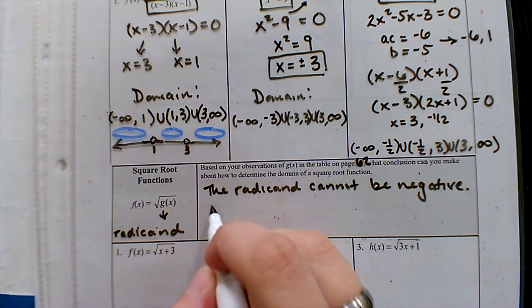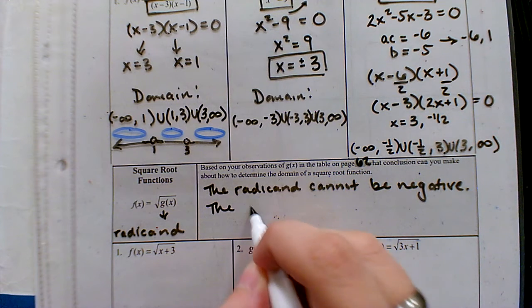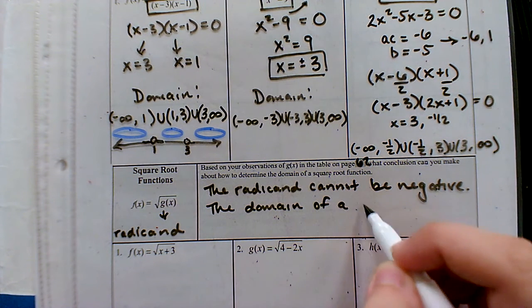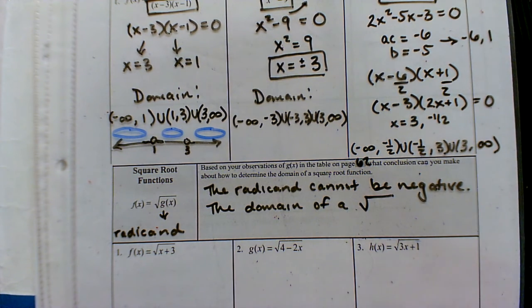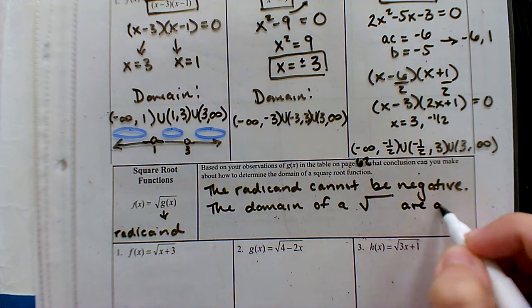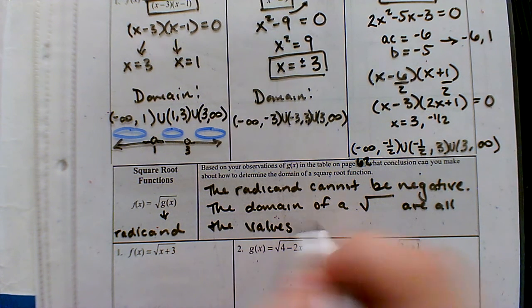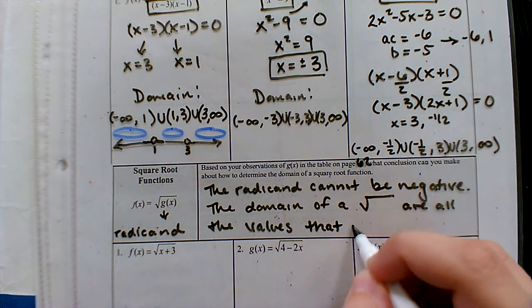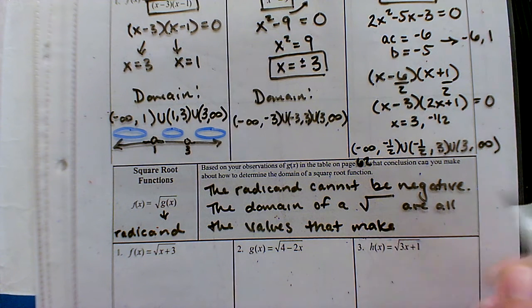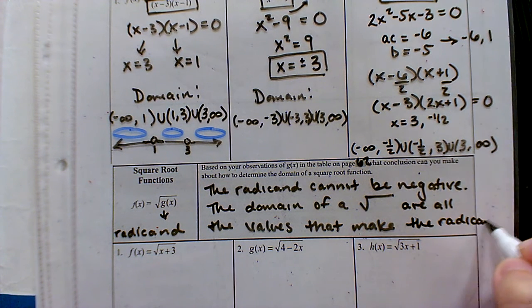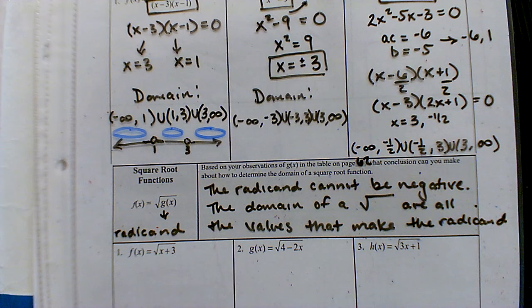So if the radicand cannot be negative, that means the domain of a square root function are all the values that make the radicand what? If you can't be negative, then you must be what?